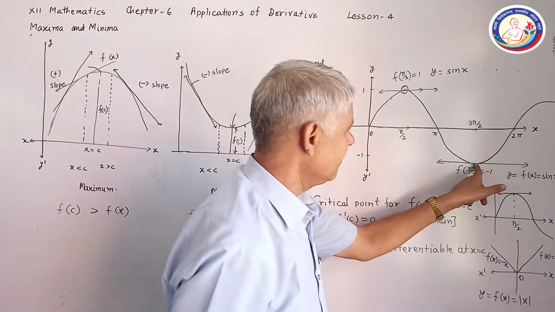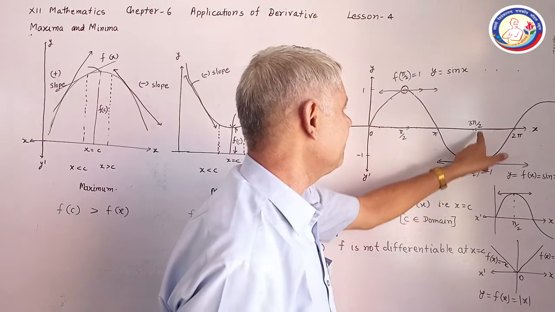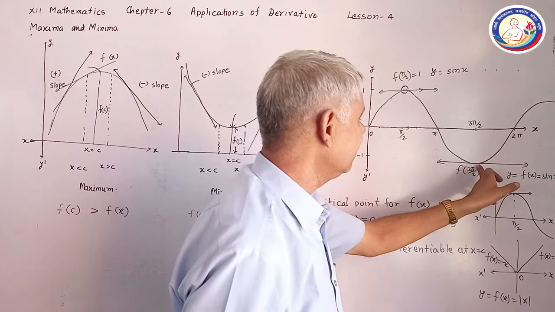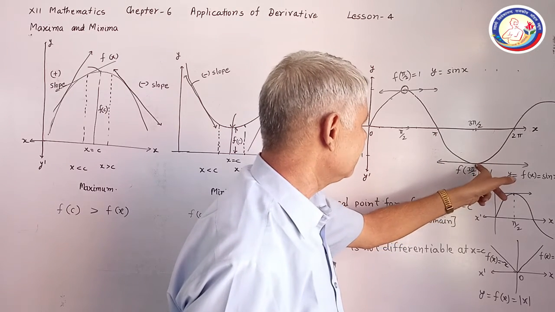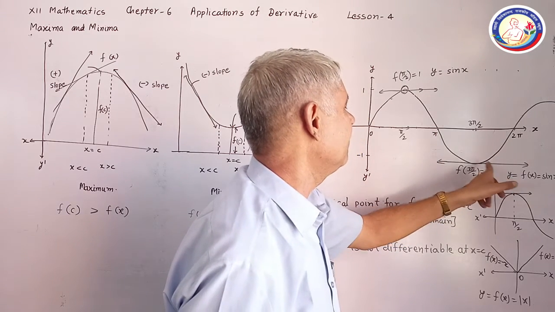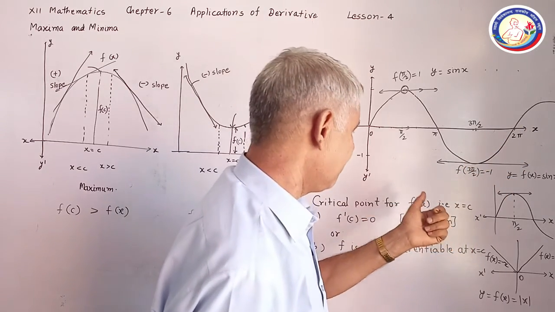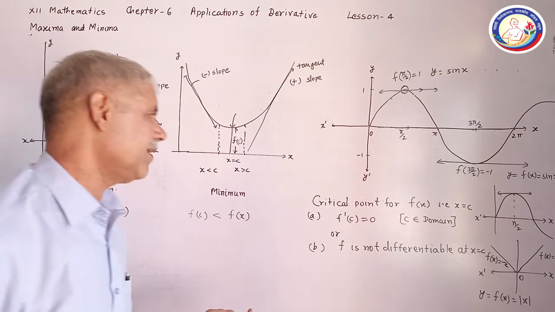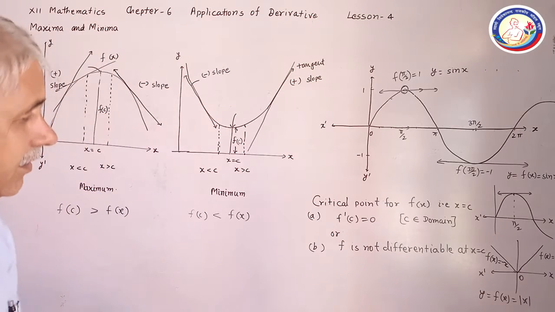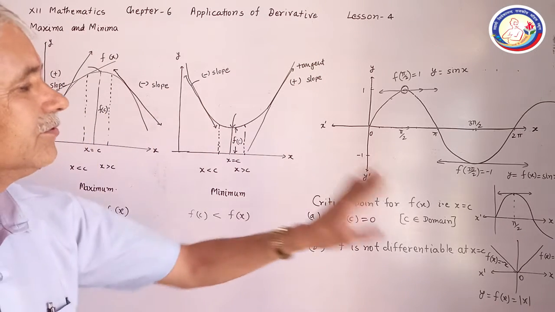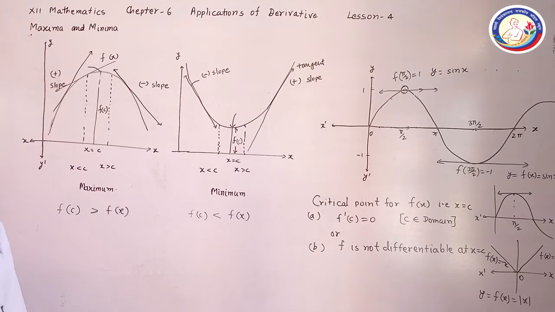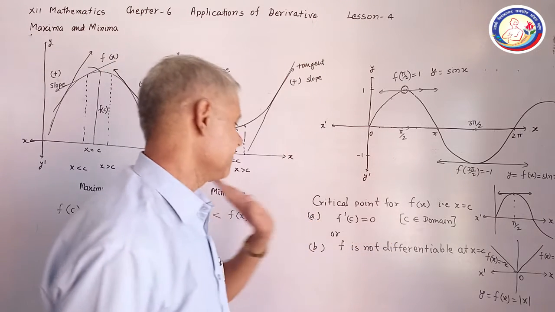And see here at 3 pi by 2, before 3 pi by 2 it is a decreasing function, and for values more than 3 pi by 2 it is increasing. So the point where the nature of the graph changes, from increasing to decreasing or decreasing to increasing, is called a critical point.